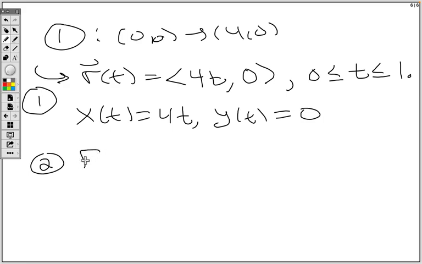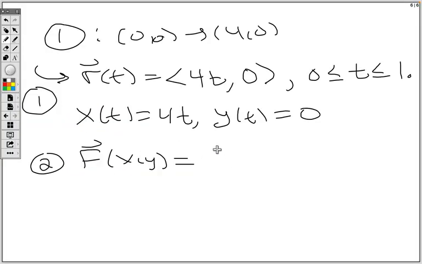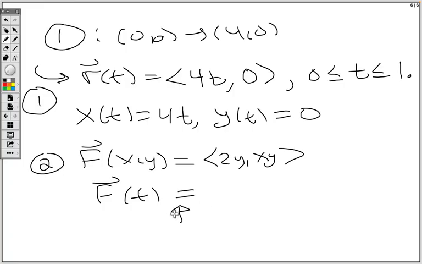Step 2, we're now going to get the field, which is given to us in terms of x and y, in terms of t. So we go back, F is 2y comma xy. So F of t, you plug in the x is 4t, the y is 0. What's going to happen to this field?